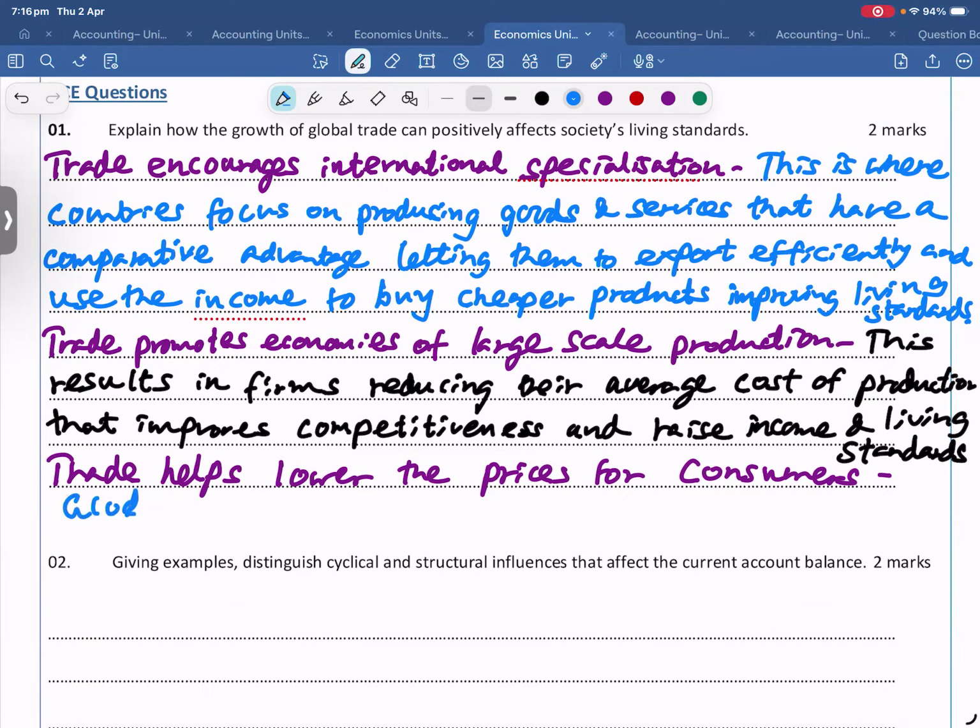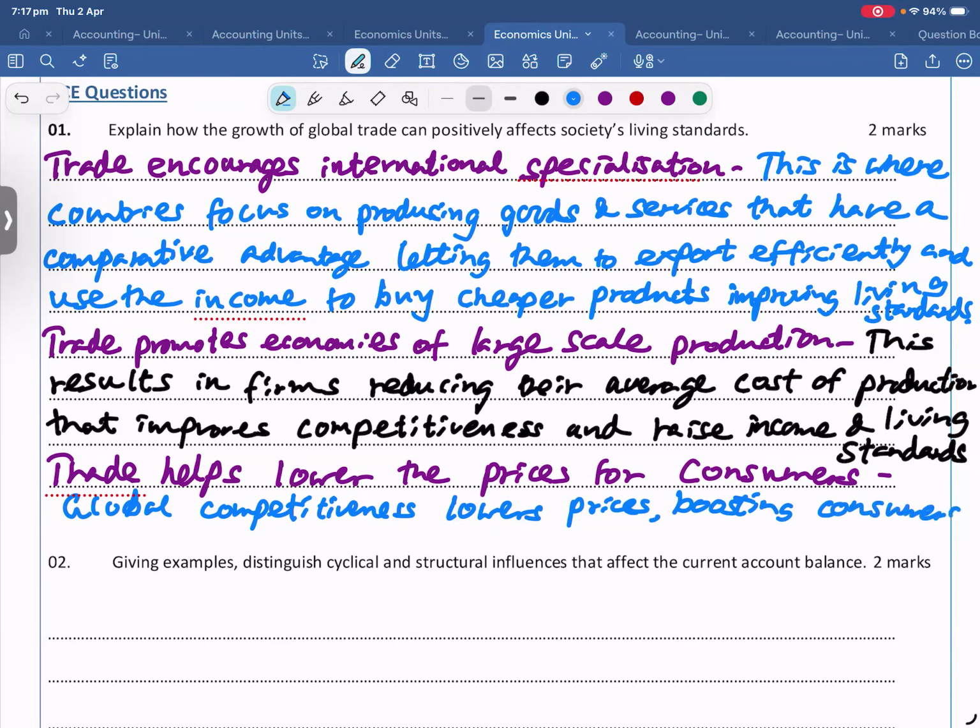Global competitiveness lowers prices, boosting consumers' purchasing power.